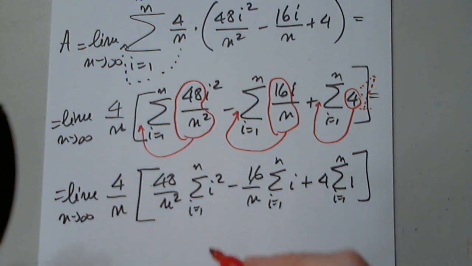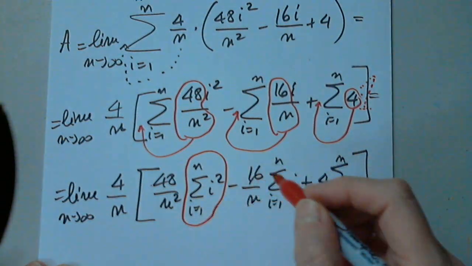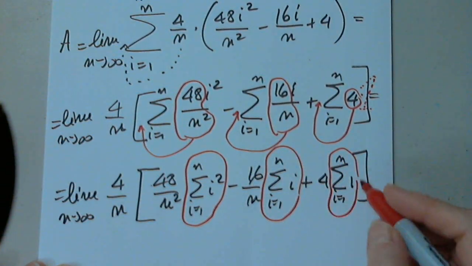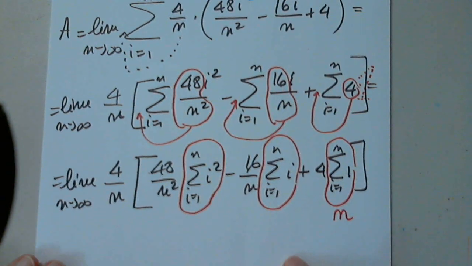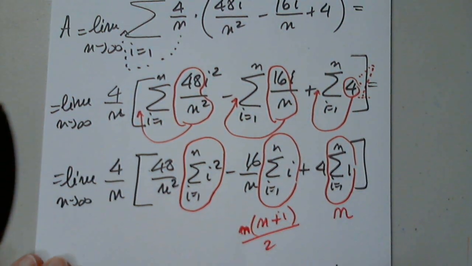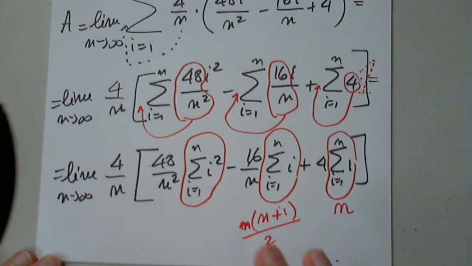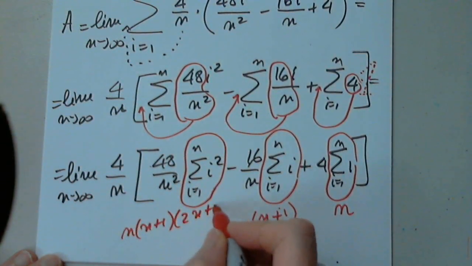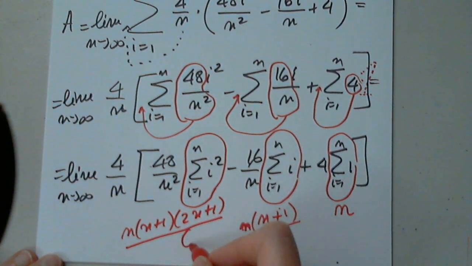Now all these will be replaced. This one is replaced by n. This one is replaced by n plus 1 over 2. And this one by n plus 1, 2n plus 1 over 6.